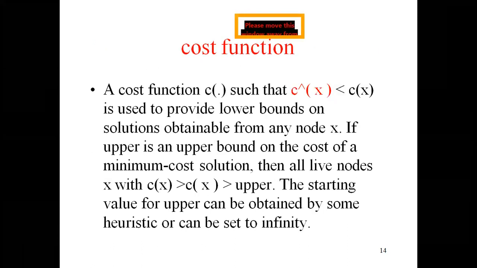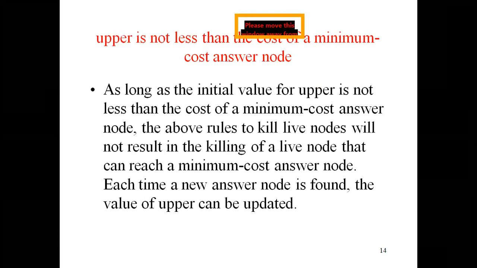As long as the initial value for upper is not less than the cost of a minimum cost answer node, the above rules to kill live nodes will not result in the killing of a live node that can reach a minimum cost answer node.